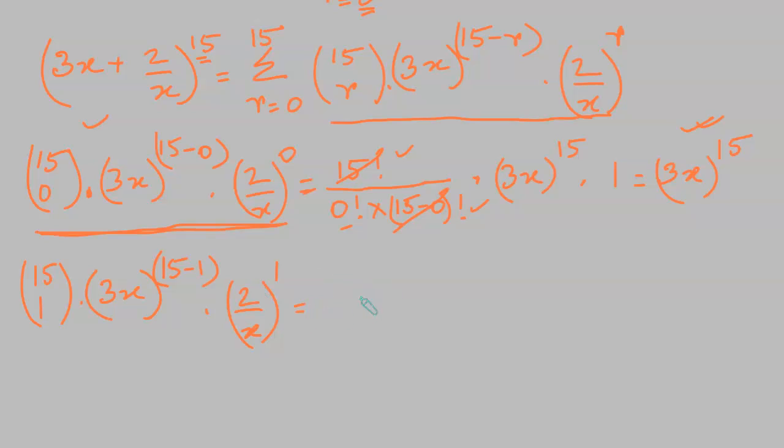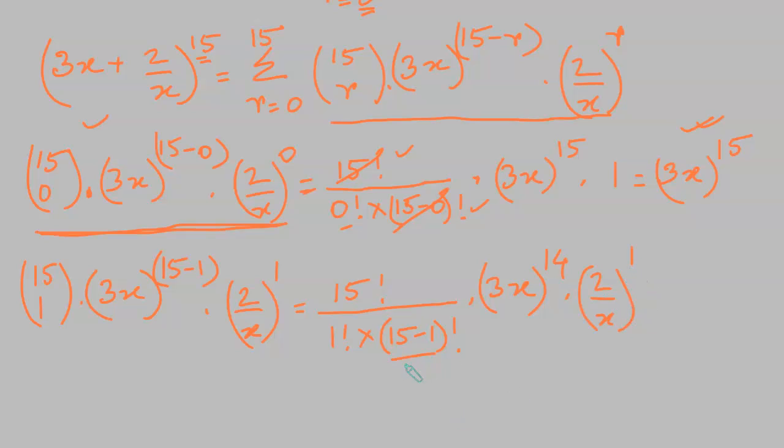And what is 15c1? It is 15 factorial over 1 factorial times 15 minus 1 factorial, that is 14 factorial, times 3x to the power of 14 times 2 over x to the power of 1.